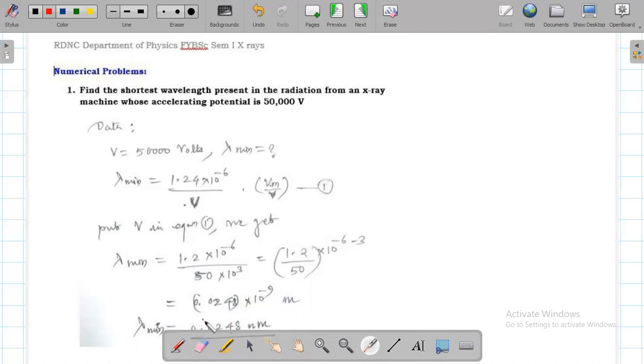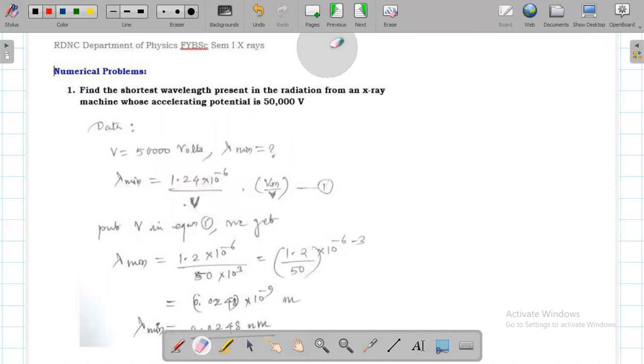Therefore lambda minimum equals 0.0248 nanometer. Okay. If you want to find the shortest wavelength, always use this formula, that is lambda minimum equals 1.24 into 10 raised to minus 6 upon V, and from the knowledge of accelerating potential we can find the lambda.